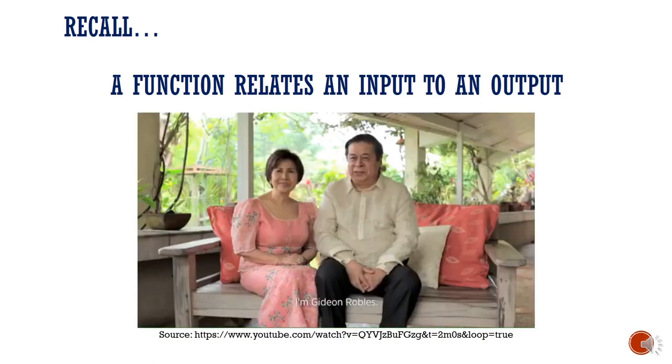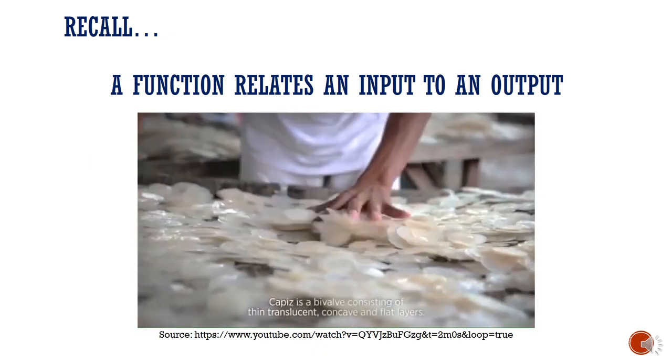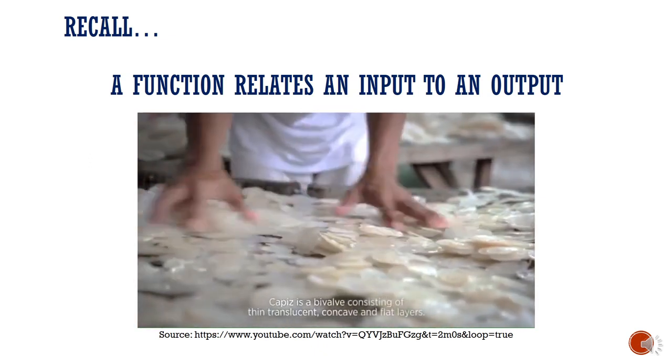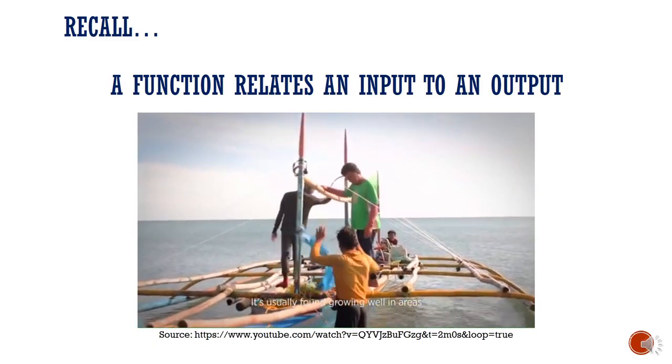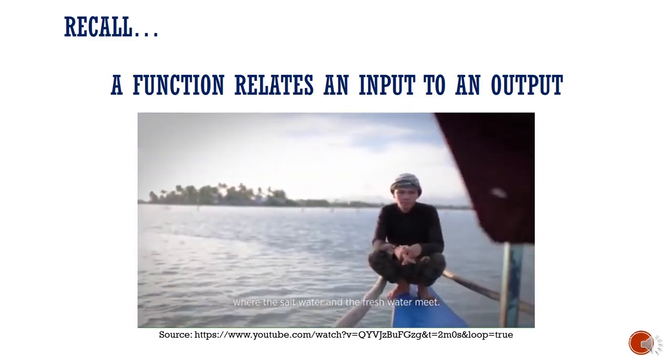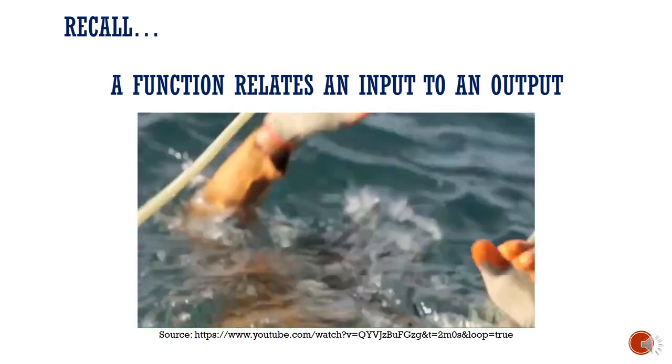I'm Gichun Robles. I'm Petrobles. Together, we work in a company producing capiz. Capiz is a bivalve consisting of thin, translucent, concave, and flat layers. It's usually found or growing well in areas where the salt water and the fresh water meet.